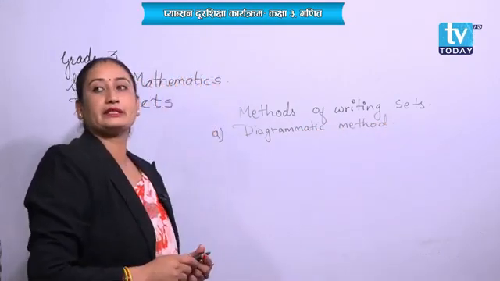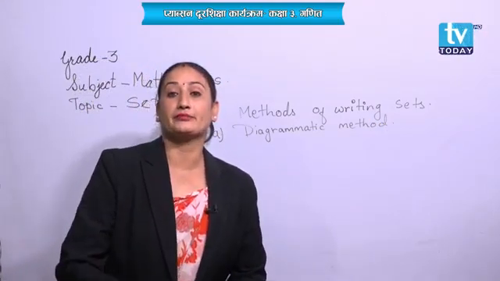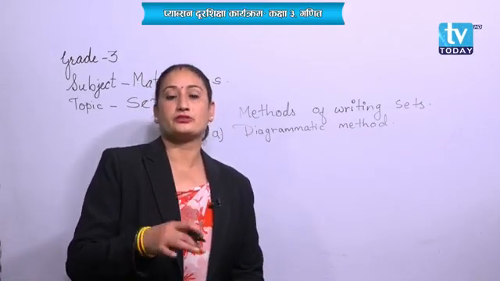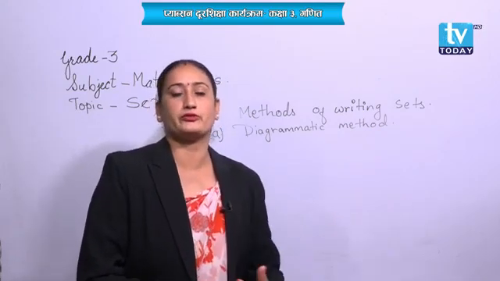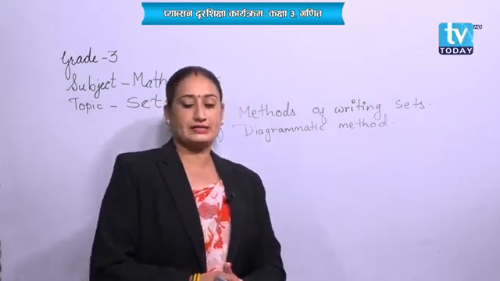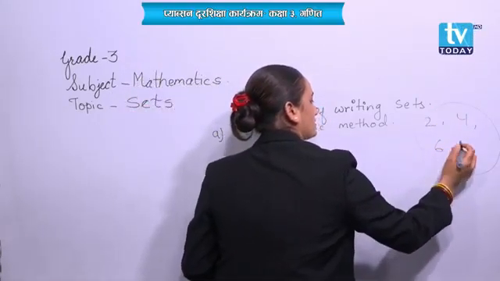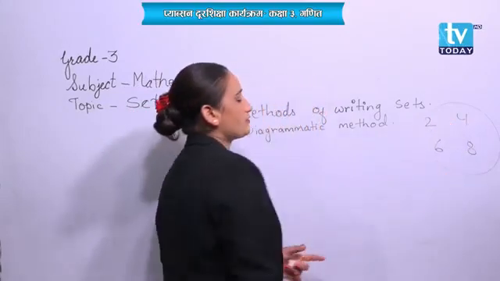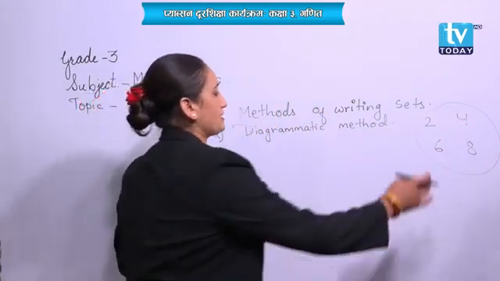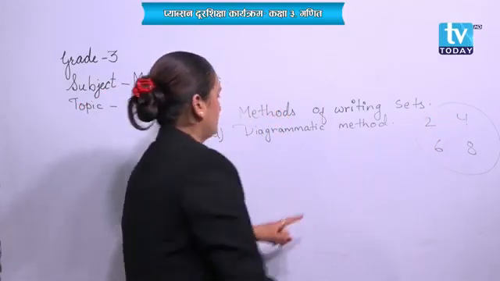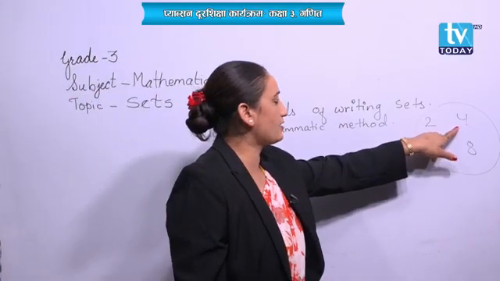It's a diagrammatic method, and diagrammatic method means showing you through a diagram, right? You have to see the diagram and answer it. That is one picture for your diagram, okay? Have a look at this picture: 2, 4, 6, 8. Can you say that this is the set of numbers?